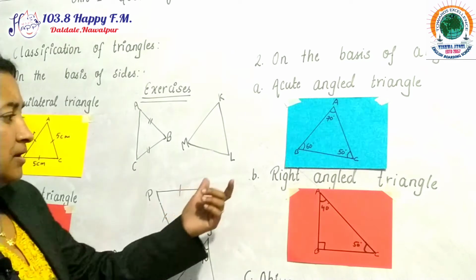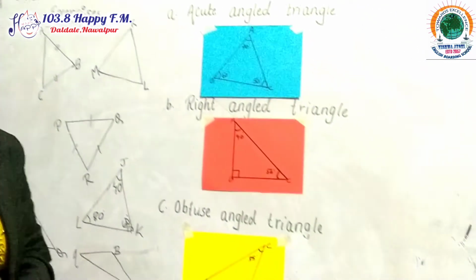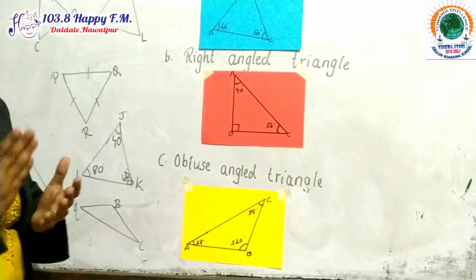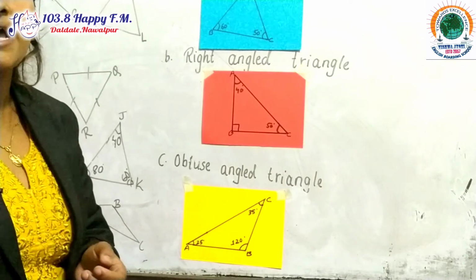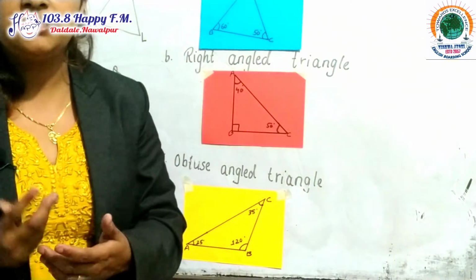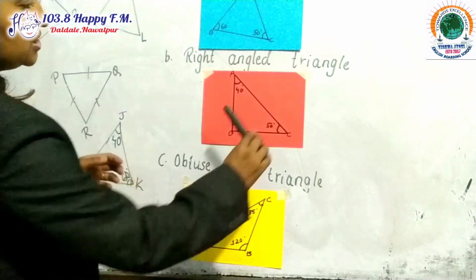Okay? Next one is the right angle triangle. You already know about the right angle. Right angle means an L-shaped angle, exactly 90 degrees. It attains the shape of the English letter L. You can notice it here.